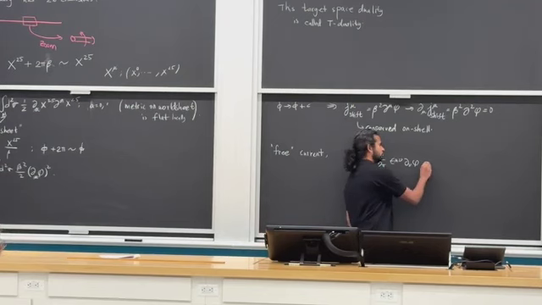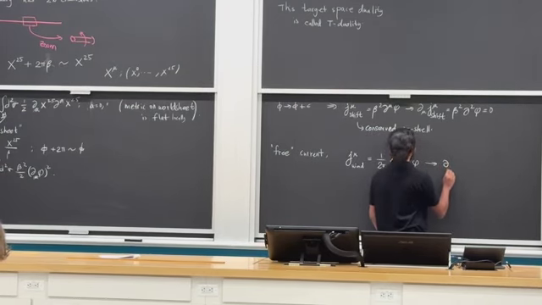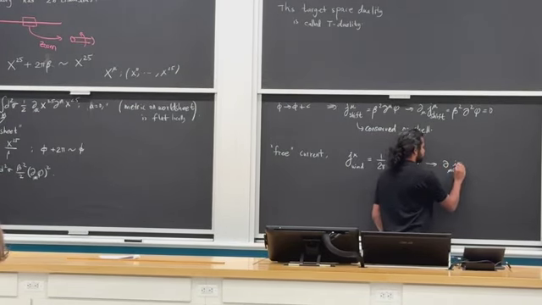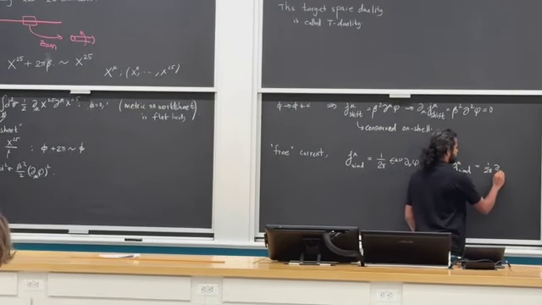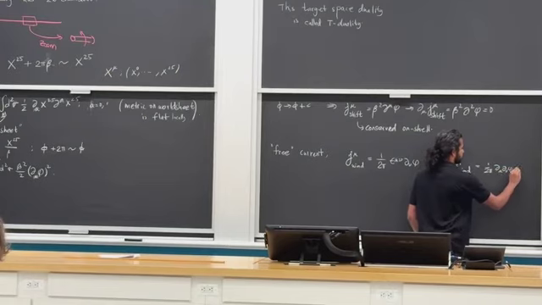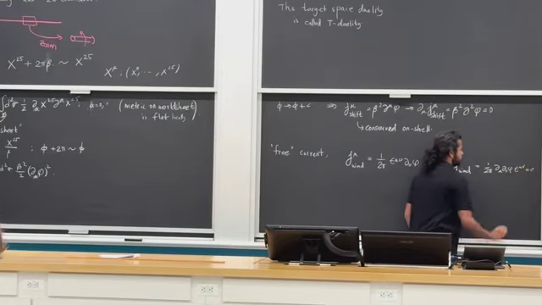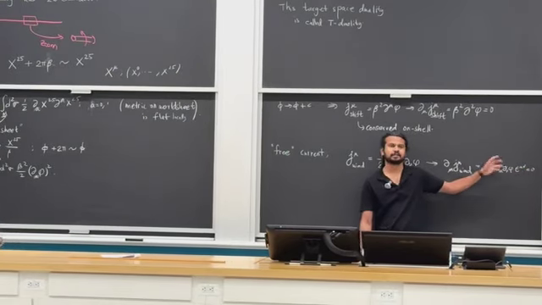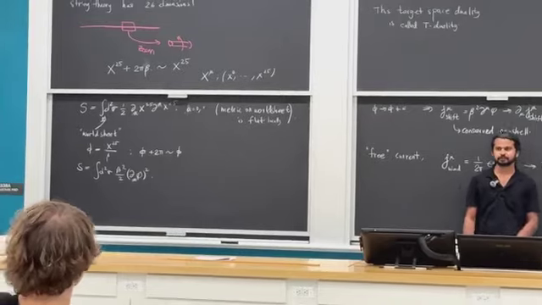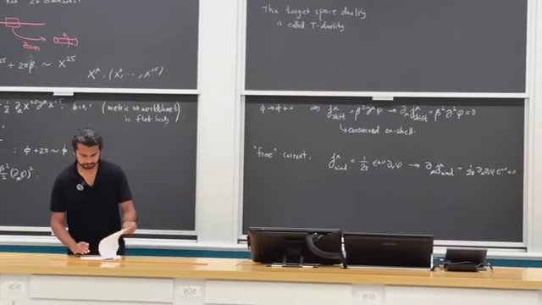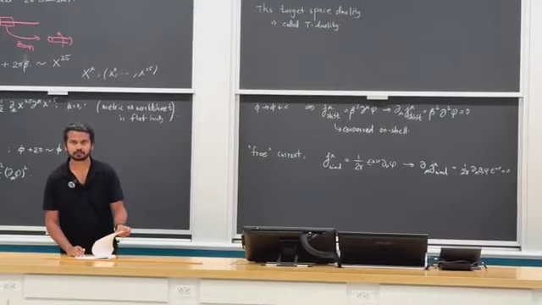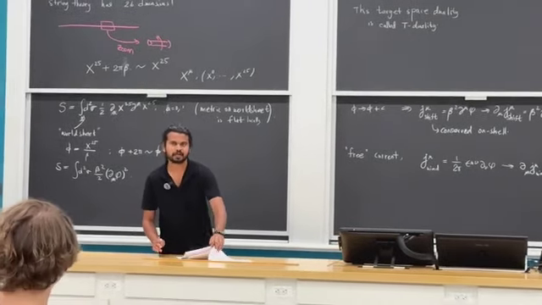If I take d mu of J wind, I will get 2 pi epsilon mu nu d mu d nu phi, and that's 0 because epsilon is antisymmetric and this is symmetric. Are we going to derive that? No, you have it for free.